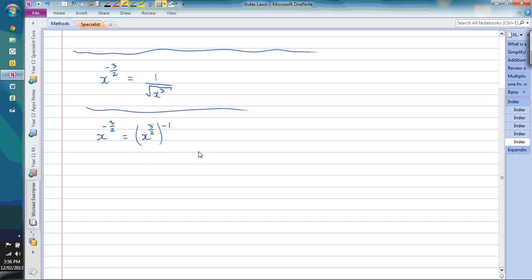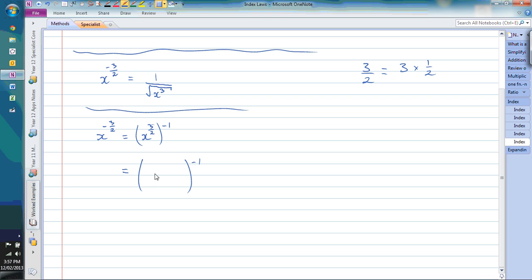Now, I can actually break it down one step further. 3 on 2 is the same as 3 times a half. So by the same logic, I'm just going to put this here to the minus 1. I'm not worrying about that minus 1. I'm just breaking up what was inside those brackets a step further.